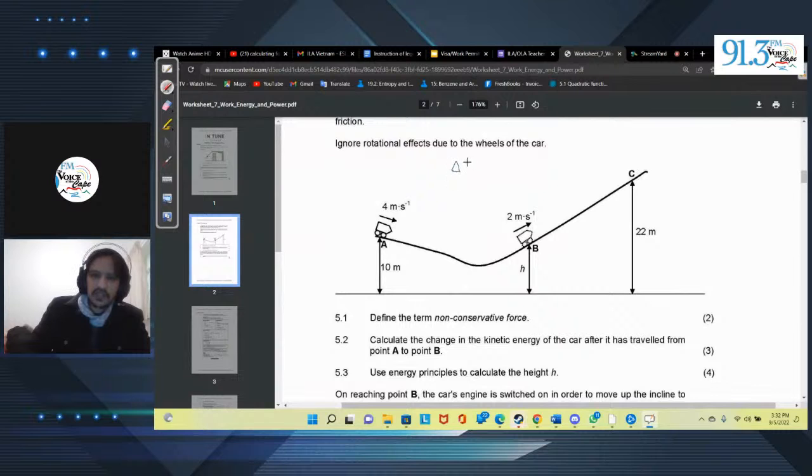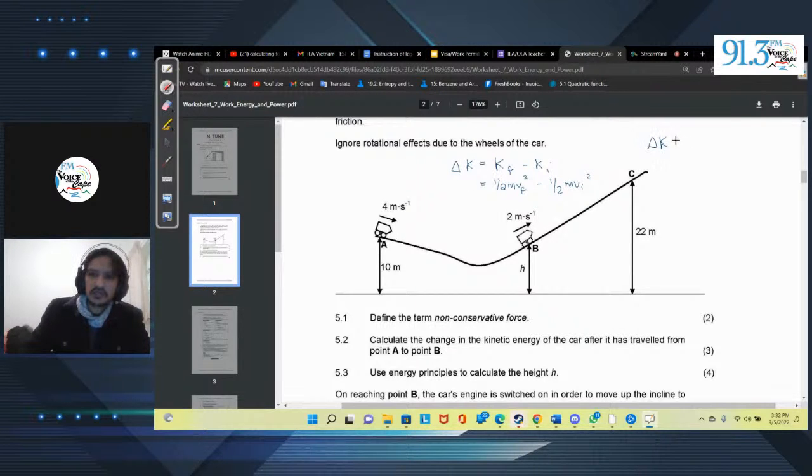Well, if we go over here, change in kinetic energy is basically equal to Kf minus Ki. If we plug this information into the formula, it's half mv final squared minus half mv initial squared. Now, all we do is substitute this information in.